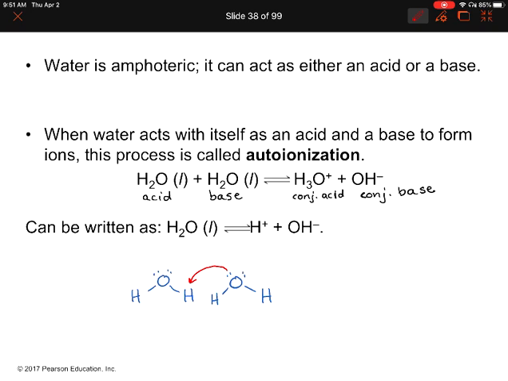And then as before, we showed that the covalent bond electrons are going to remain on the acid. So at the end of that reaction, we have again the hydronium ion and the hydroxide ion.